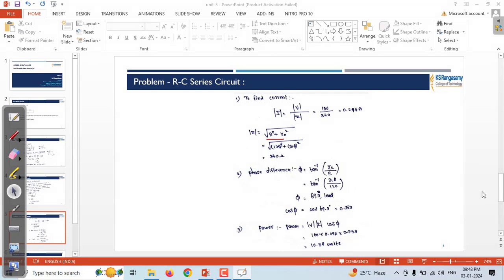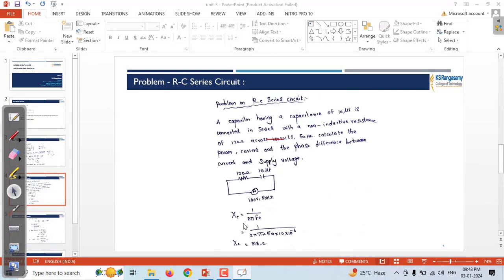The XC value is 1 by 2 pi FC. So 1 by 2 pi, the frequency is 50 hertz, and the C value is 10 microfarad, so 10 into 10 power minus 6. The answer will be 318 ohms. The XC value is 318.